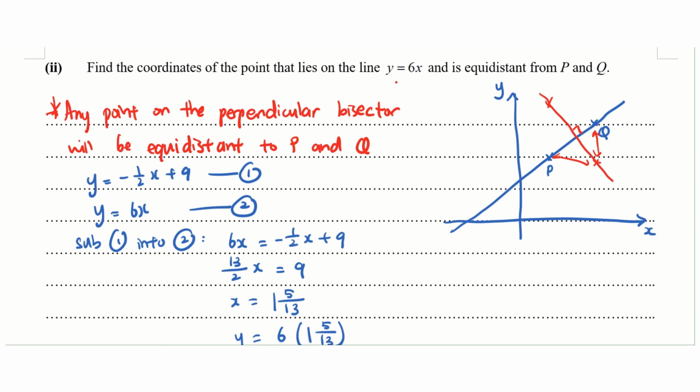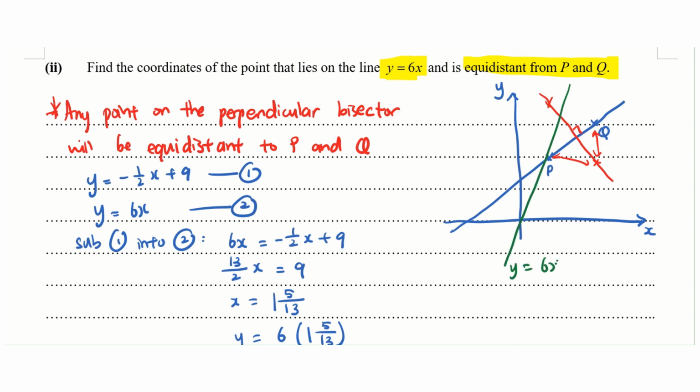In this question, we are trying to find the coordinates of the point that lies on the line y equals 6x. So there is another criterion: it must be on y equals 6x and not just equidistant from P and Q. If I draw the line y equals 6x, it will maybe look something like this.